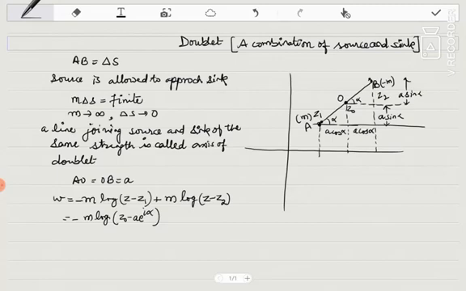You see here, this is Z0. For this point, this will be my X and this will be Y, so I may count it with the help of Z0. It will be Z0 minus A e raised to the power I alpha. Similarly, for this point it will be Z0 plus A e raised to the power I alpha.